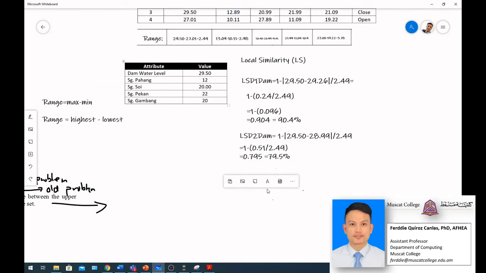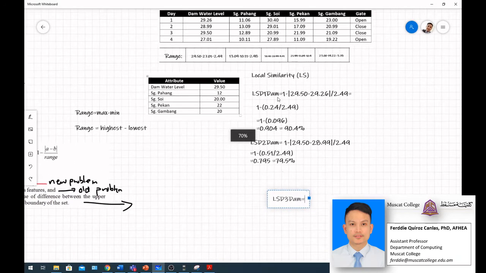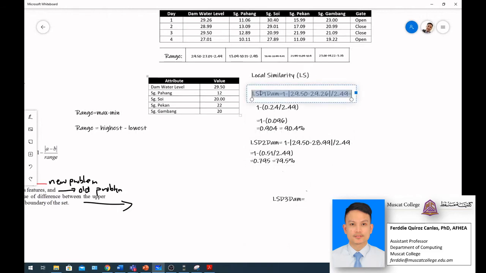So let us write something here: local similarity of DOM, day 3. I'm sorry, I have to write it like this, sorry for this notation: D1, D2, D5.